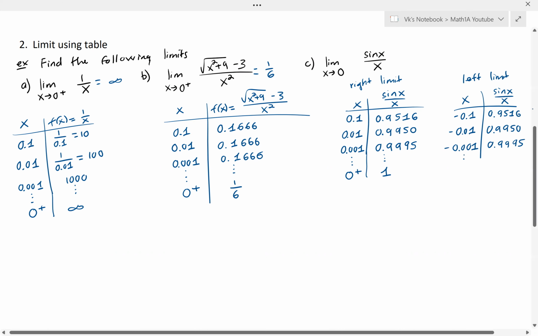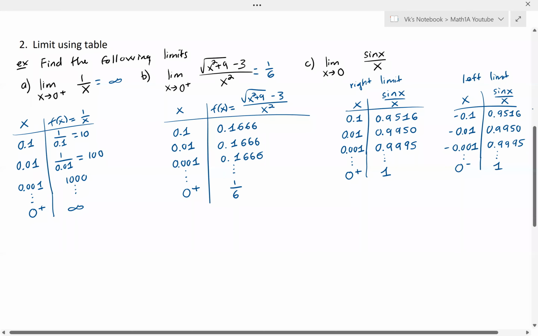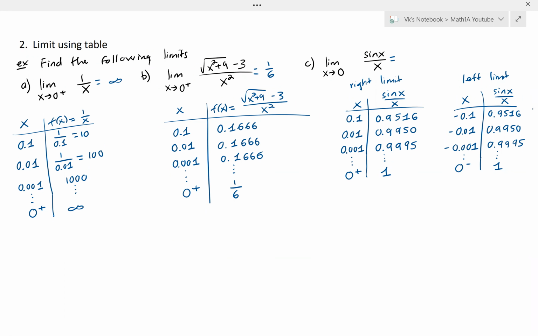So as we approach 0 on the left side, the limit is 1. The left limit and the right limit, both of them are the same. So the limit of sin(x) over x as x approaches 0 is 1. Oh, pretty cool.